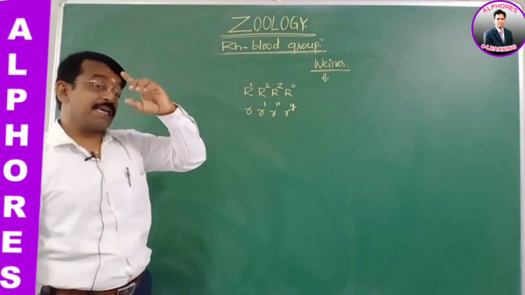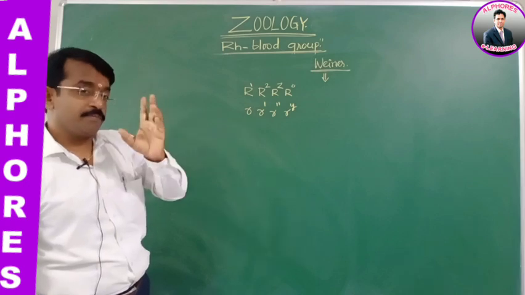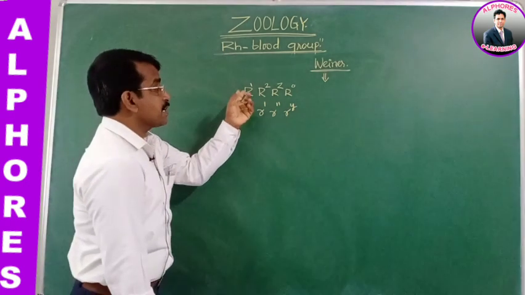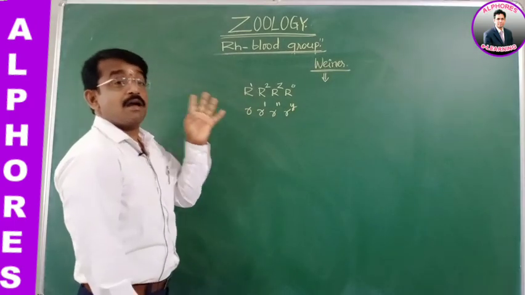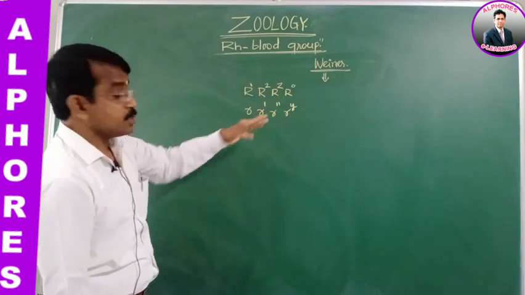There we see capital C, capital D, capital E, small c, small d, small e, so C, D, E is nomenclated that way. Here it is capital R, small r. They are 4 plus 4: 4 dominant alleles, 4 recessive alleles.